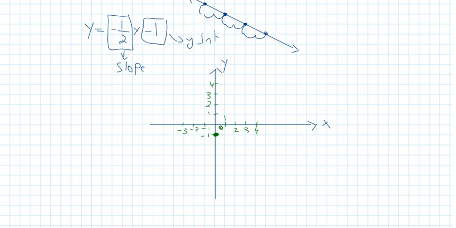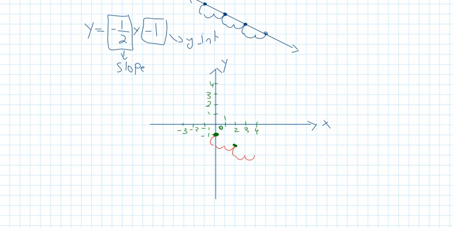Okay? So I start at the -1, and what does the slope tell me I have to do? Go down 1, to the right 2. So from this point, I'm going to go down 1, and then 2 to the right, and here's where my next point is. Okay? Can I find another point? I have to follow exactly the same trend. I have to go 1 down, and then 2 to the right.